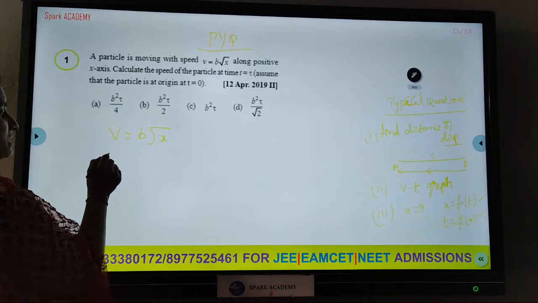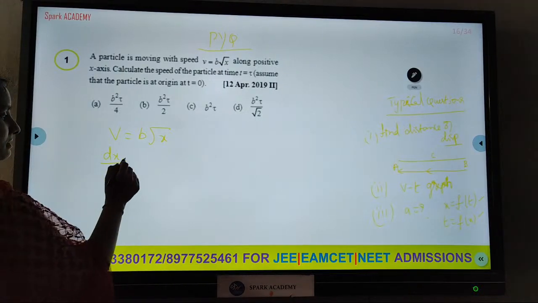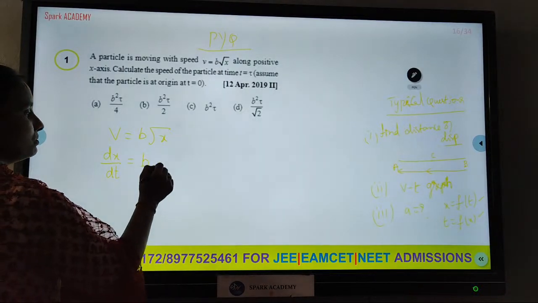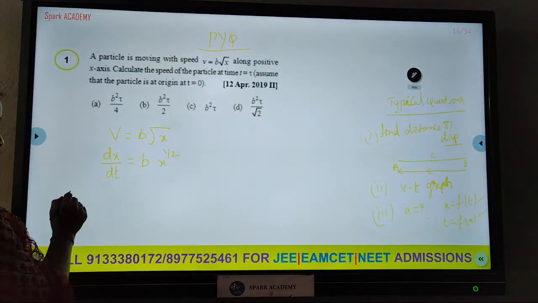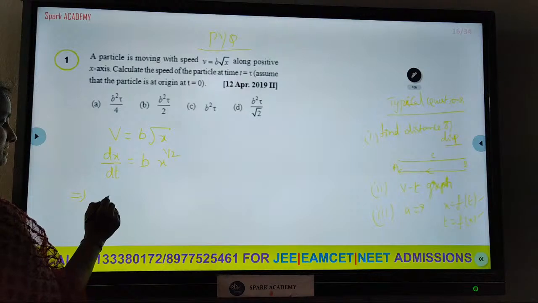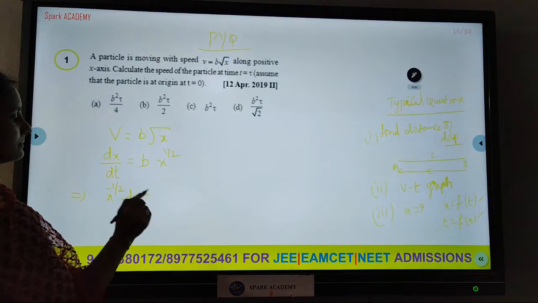So v can be written as dx by dt, that is equal to b root x, which we write as b x power 1 by 2. Now it can be written as x power minus 1 by 2 dx equal to b dt.